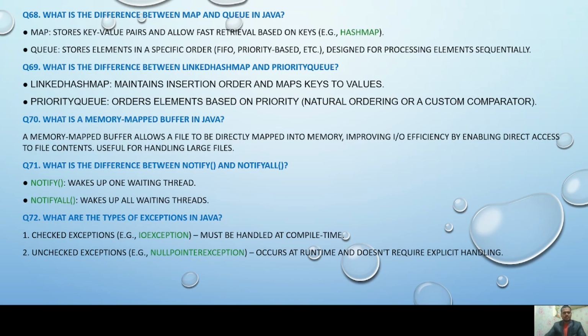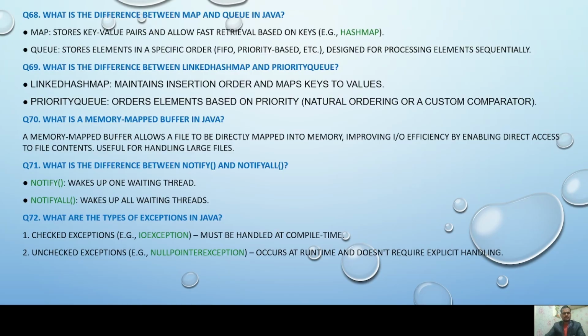Next question. What is the difference between map and queue in Java? Map stores key value pairs and allows fast retrieval based on keys, that is HashMap. Queue stores elements in a specific order, that is FIFO, first in, first out, priority based, etc., designed for processing elements sequentially.